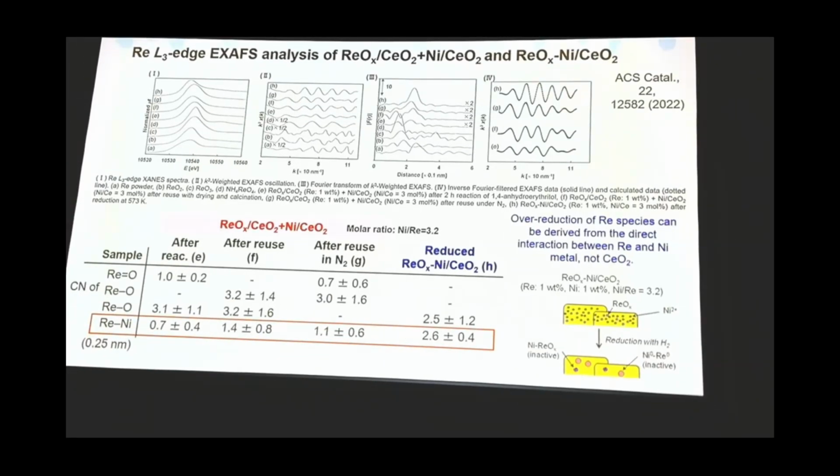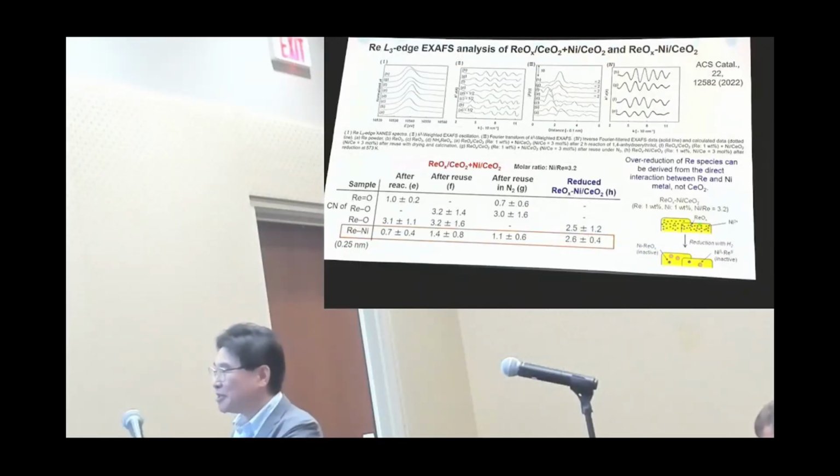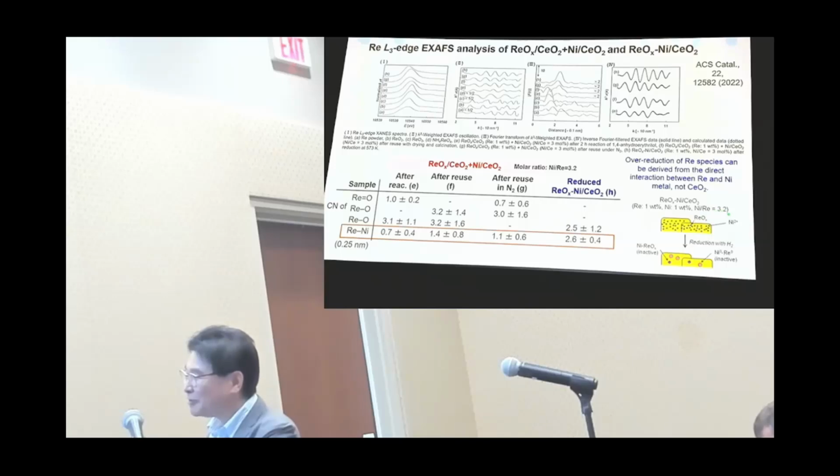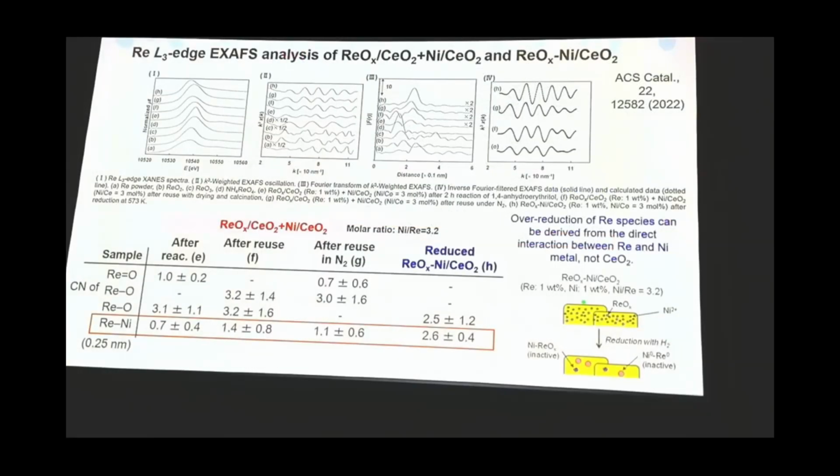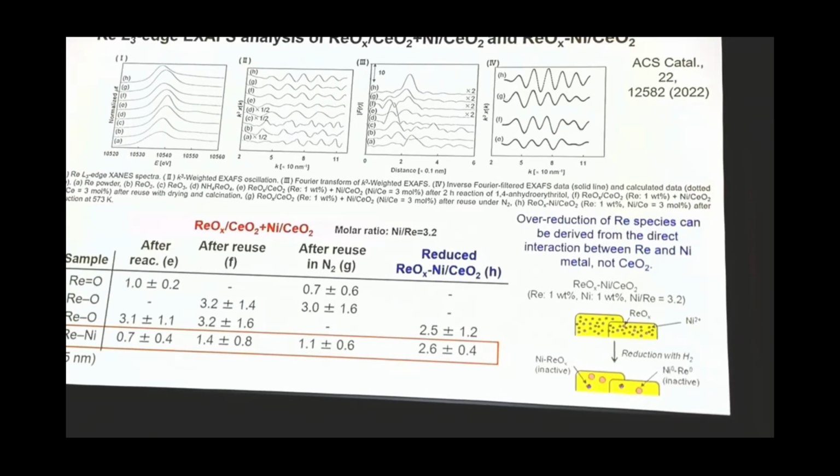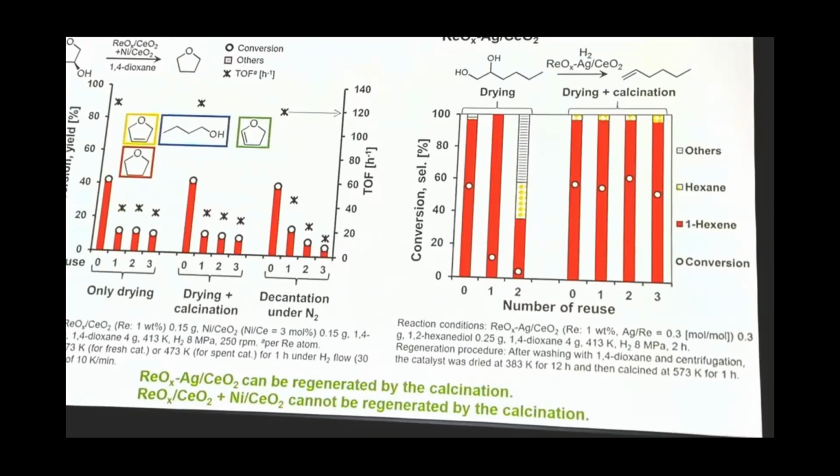On the same rhenium ceria catalyst, on the ceria particles, rhenium and nickel are co-present, and in such cases the interaction is so strong. Therefore, the nickel rhenium alloy, or the nickel metal particles modified with rhenium of lower valence, form during the reactions.